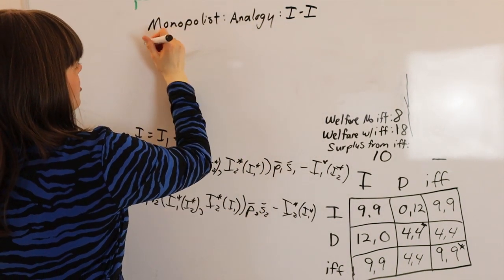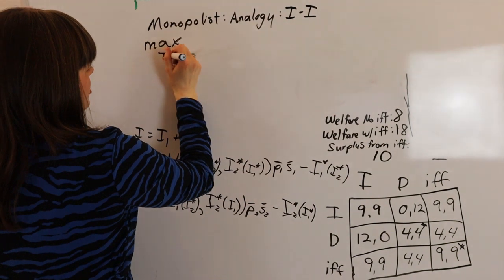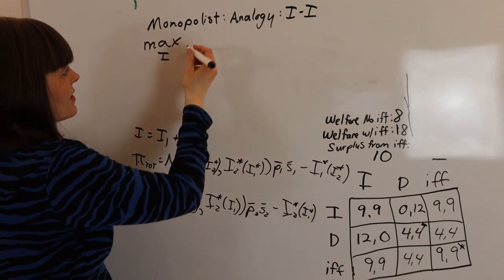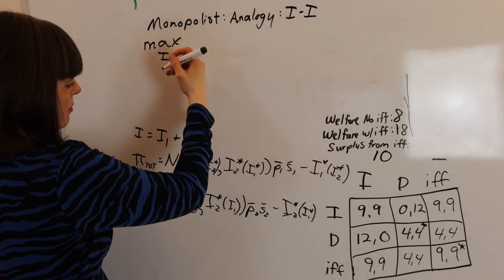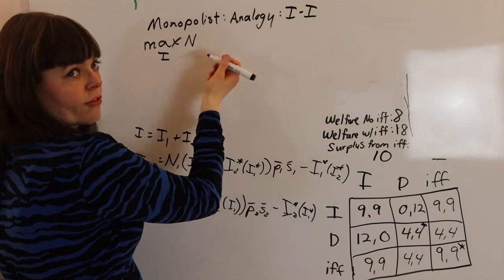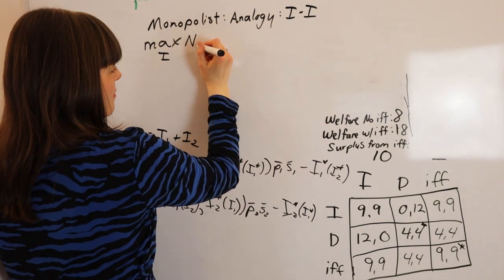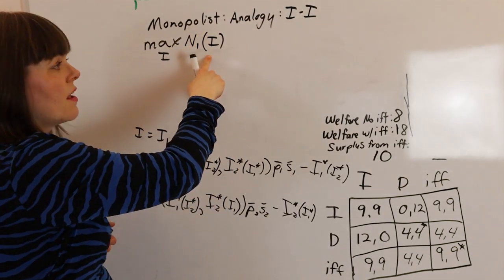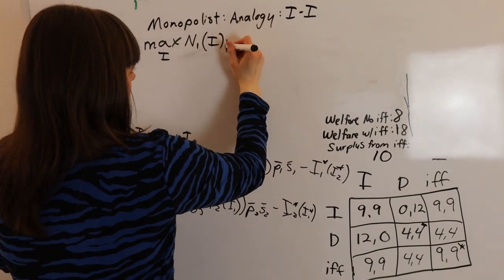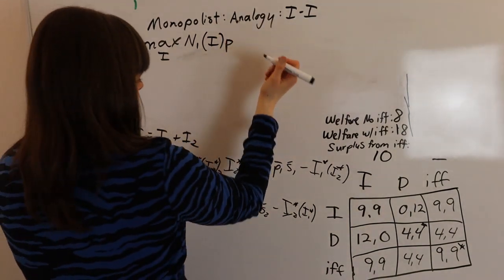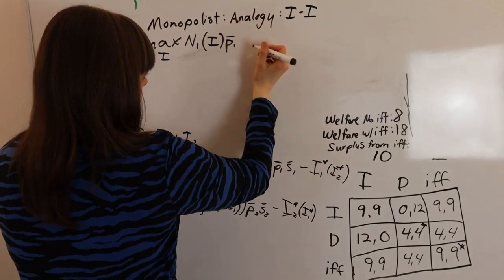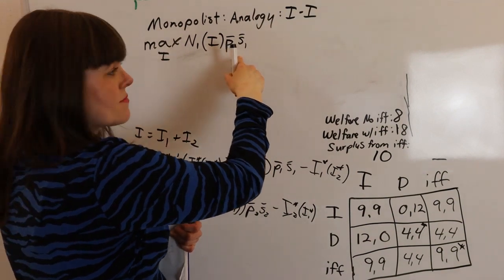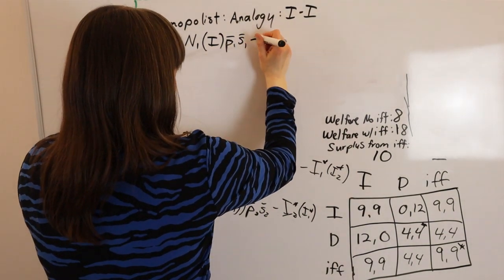Okay, so to do that, we're going to maximize by choosing total investment in the industry, that's investment from both players added together. And the payoff from both players is going to be first, the profit from company number 1, which is the number of users as a function of the investment in that platform times the price per transaction for company 1 times the share of transactions for company 1 that are saleable, minus the investment.